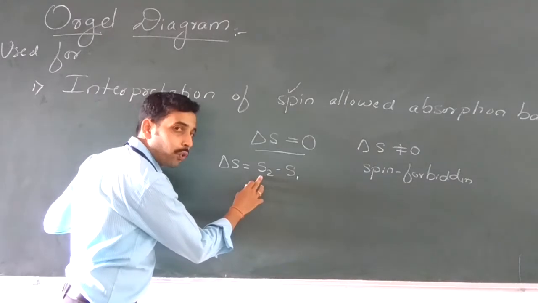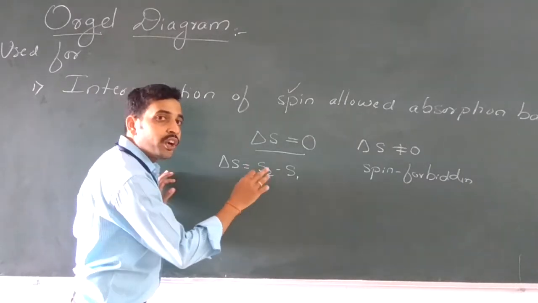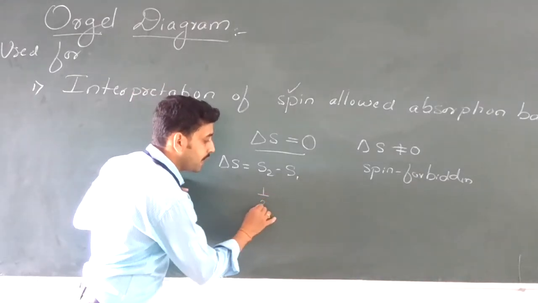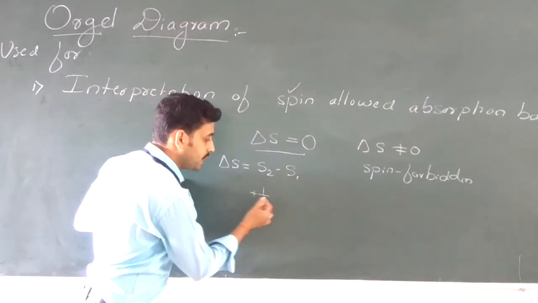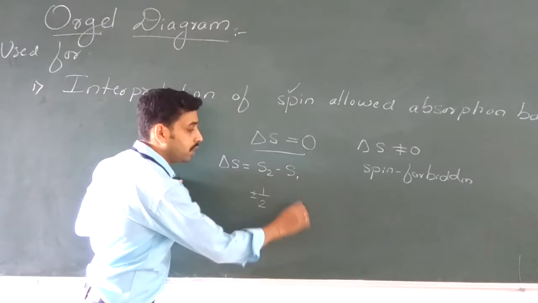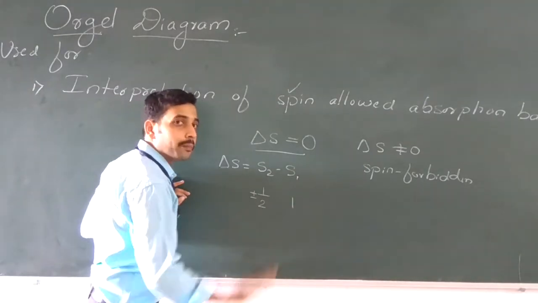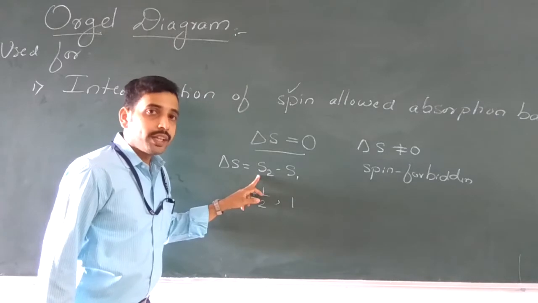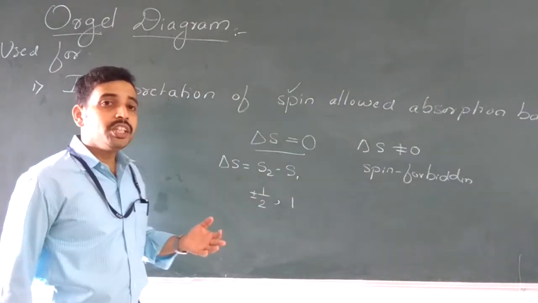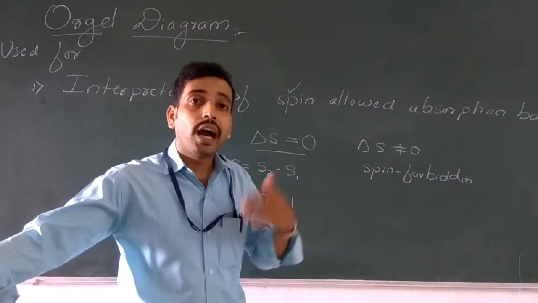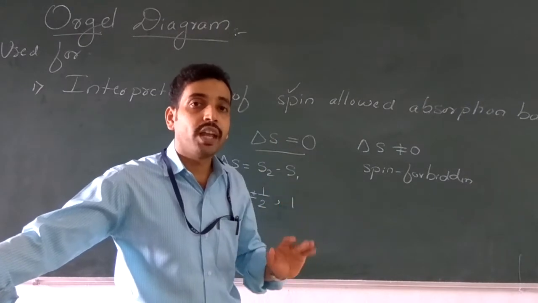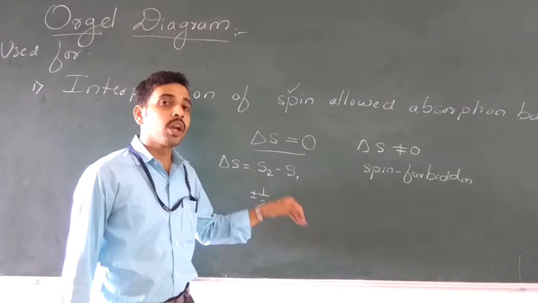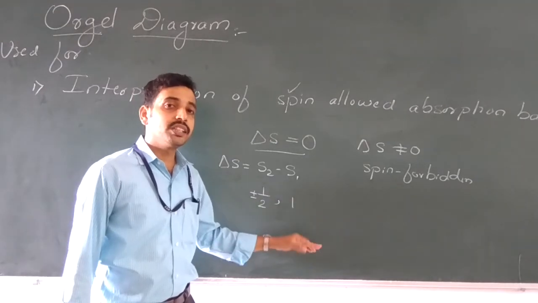S stands for the spin quantum number, where the spin quantum number is plus or minus half, or it's also 1. S2 stands for the spin multiplicity of the excited energy level, and S1 stands for the spin quantum number in the ground energy state.